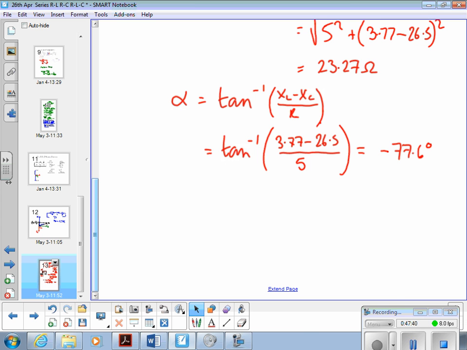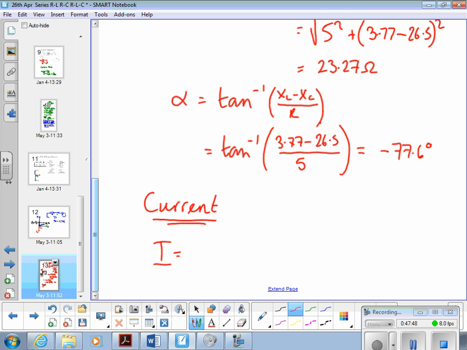Okay, so our current I, our overall impedance, by the way, ZT is this 23.27 ohms angle minus 77.6 degrees.